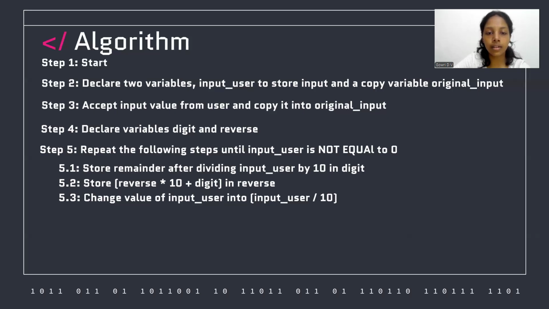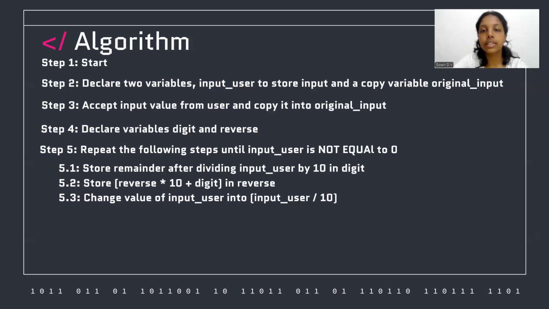What we're doing here is modifying the reverse in every iteration, in every repetition of these sub-steps, by multiplying by 10 to accommodate accumulating the extra extracted digit. So step 5.3 is to modify the value of input_user into input_user divided by 10.